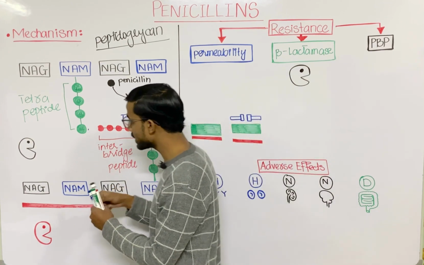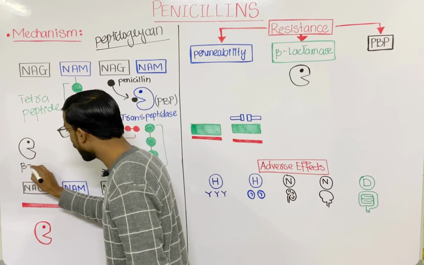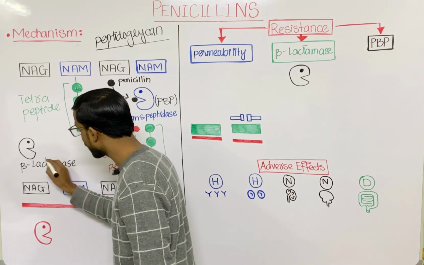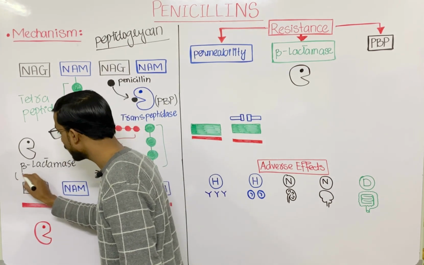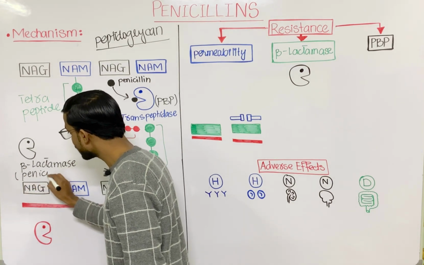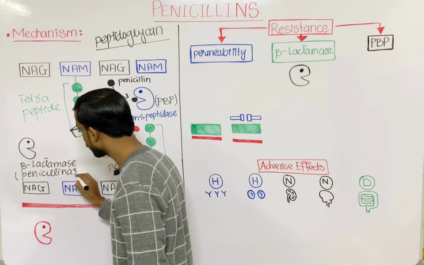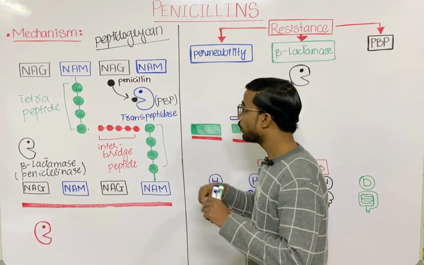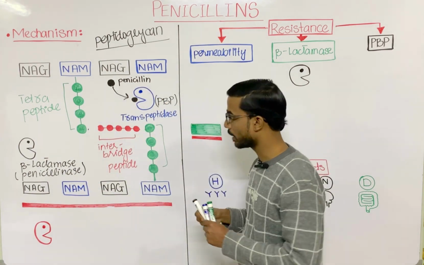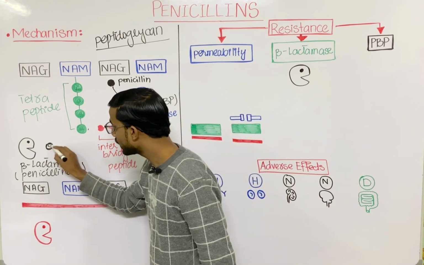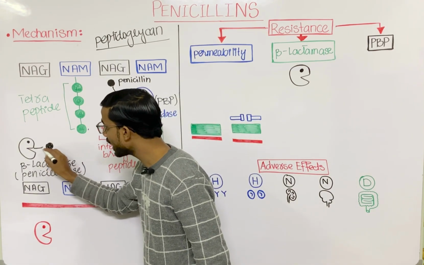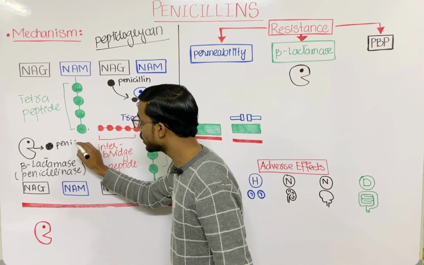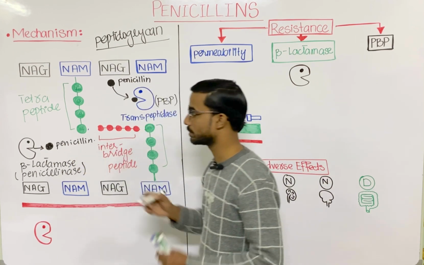So here is the enzyme, beta-lactamase, and another name of this enzyme is penicillinase. Now this enzyme will destroy the penicillin. If the penicillin enters, that enzyme will take the penicillin, here is the penicillin, and destroy it.